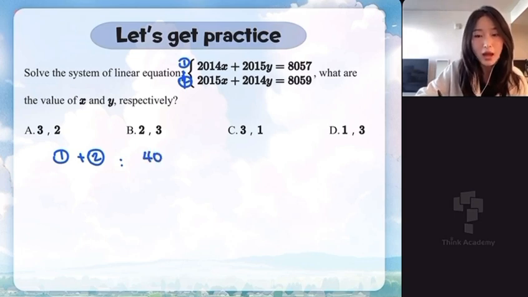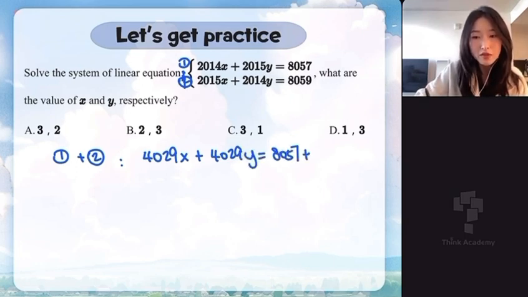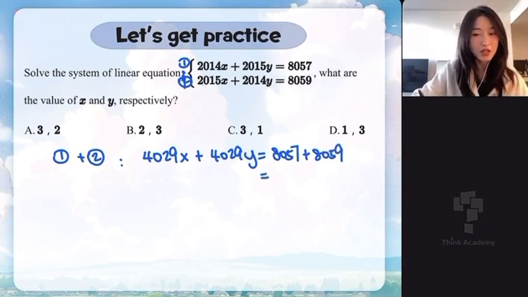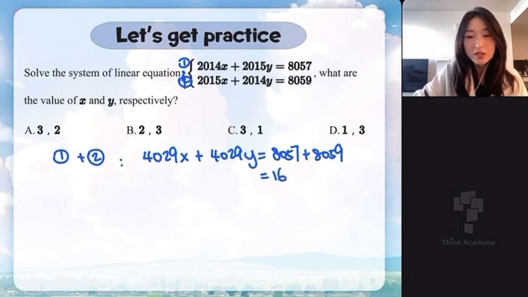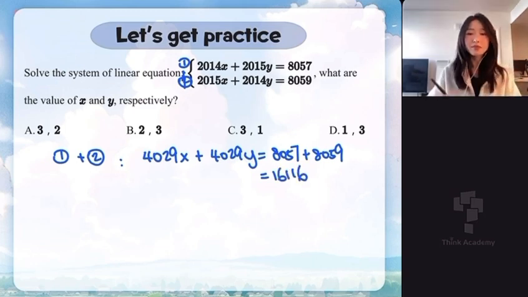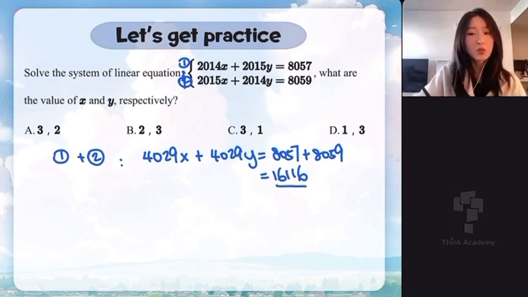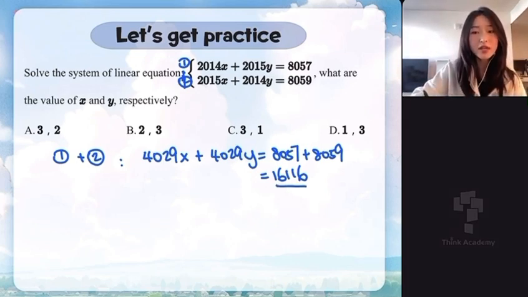We will be able to have 4029x plus 4029y equals to 8057 plus 8059. And then after calculation, this will give us 16,116.